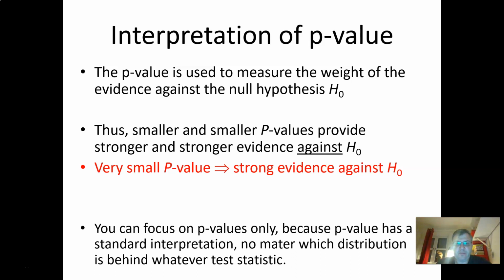You can focus on p-values from now on when you're doing hypothesis tests, because a nice thing about p-values is that no matter if you have a z distribution, t distribution, chi-square distribution, F distribution, or whatever distribution in some test, the p-value will always have the same interpretation.